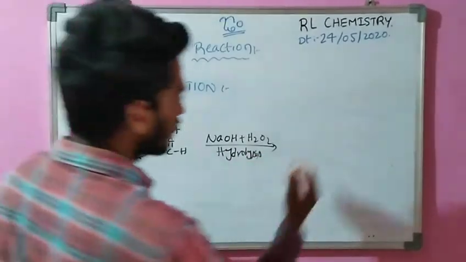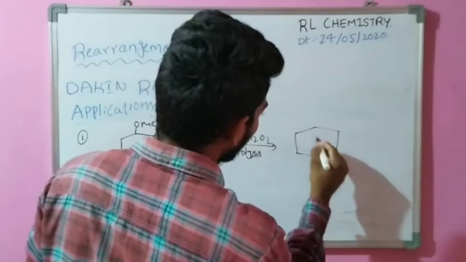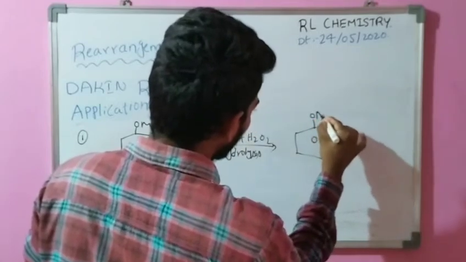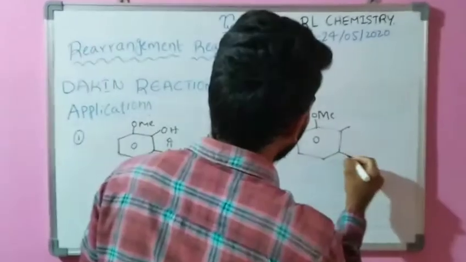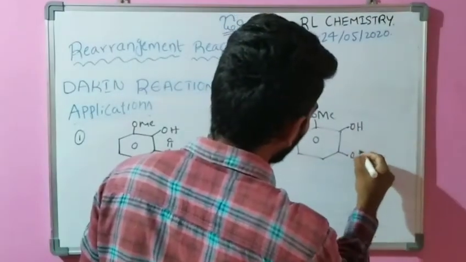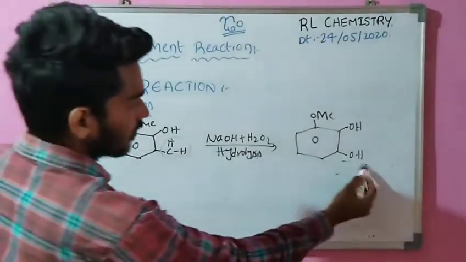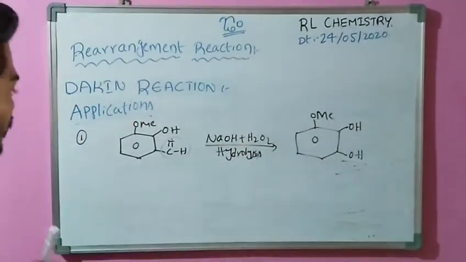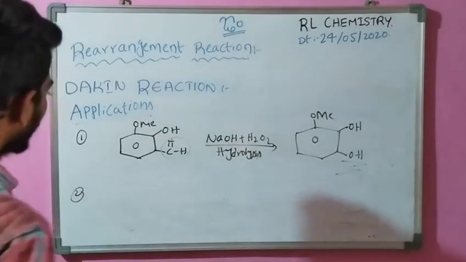Then it forms our required product, catechol. The substituent stays in the same place, there is no change in the substituent, only the functional group is changed. The aldehyde is converted into a hydroxyl group. Now we see the second application.